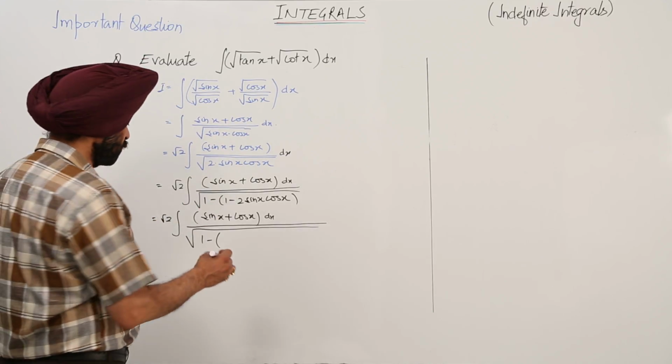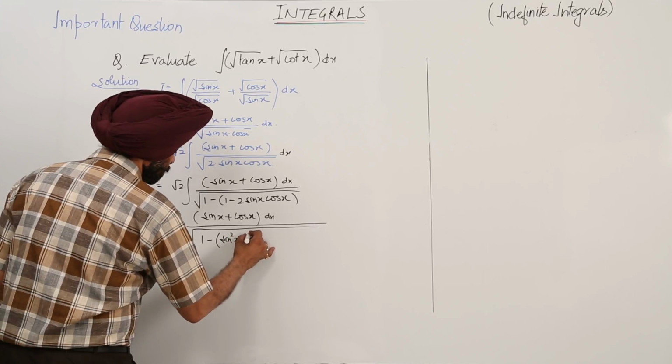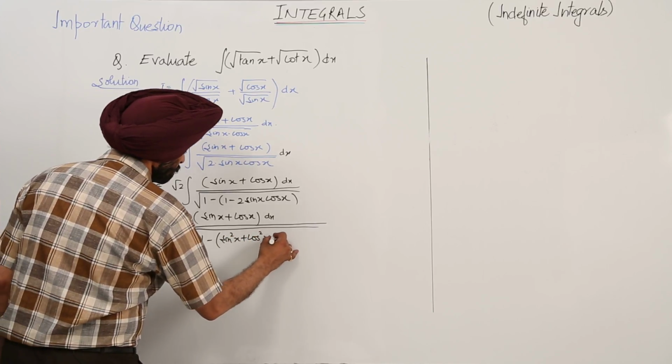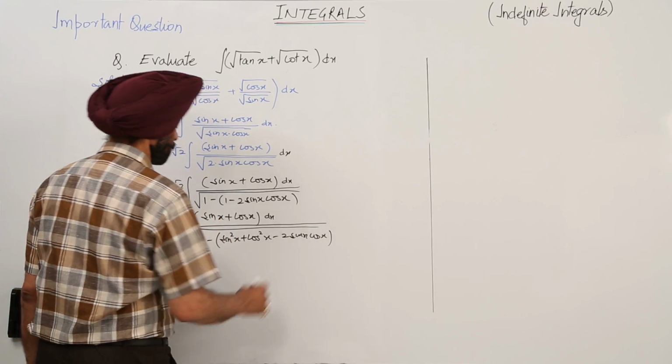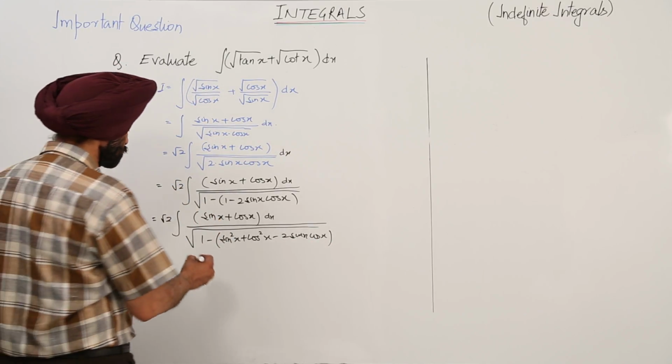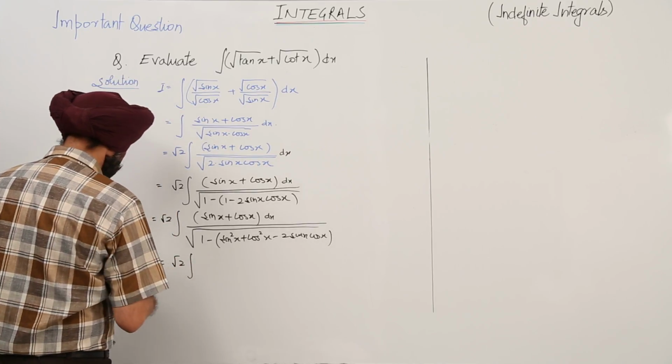Now to write 1 we can use the identity sin square x plus cos square x minus 2 sin x cos x. That's why I have used it.